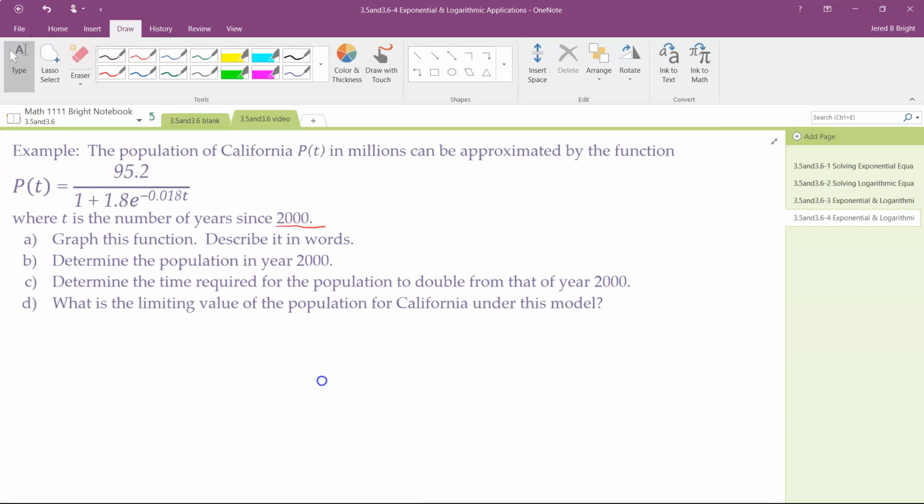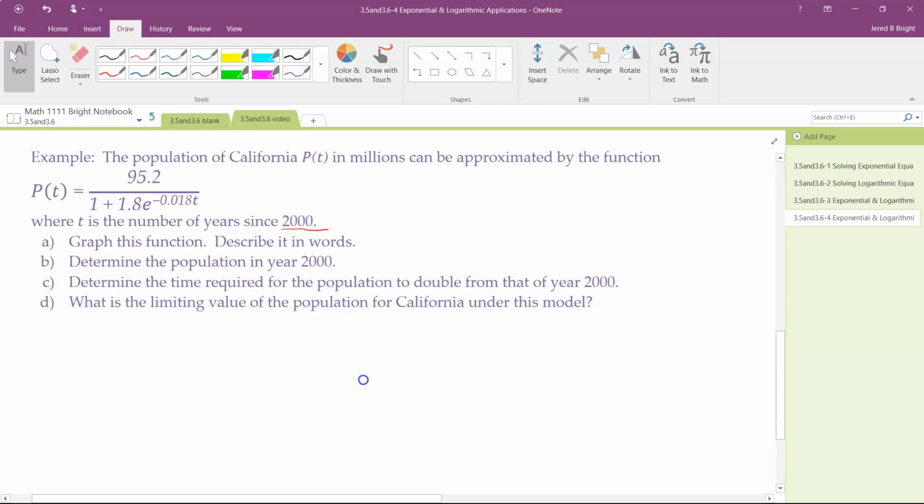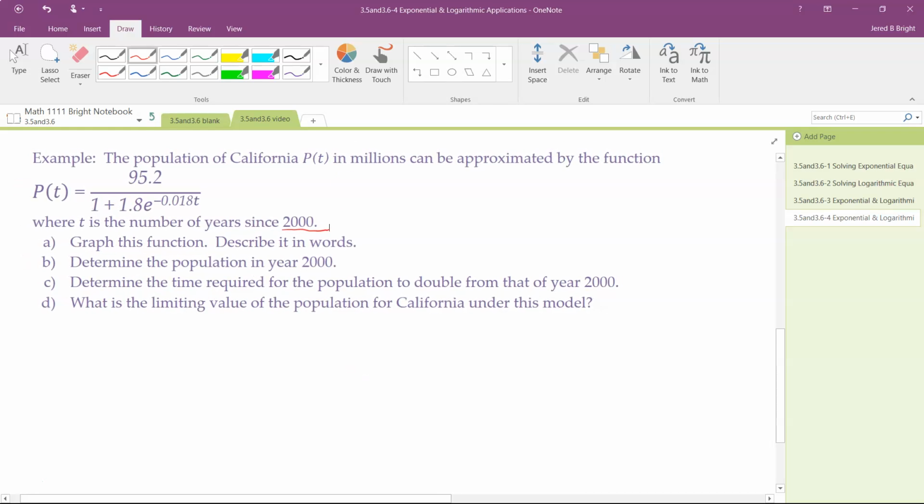Part B, we want to find the population in the year 2000. T is the number of years since 2000, so finding the population in the year 2000 is the same as finding P of 0. P of 0 is 95.2 over 1 plus 1.8 e to the 0, which is really 95.2 over 2.8.